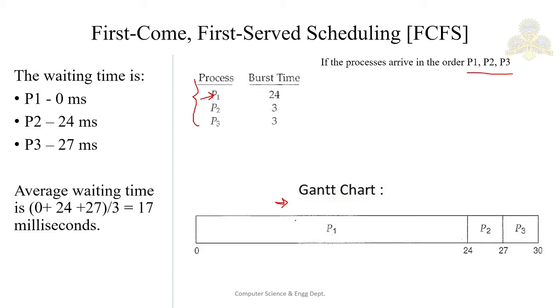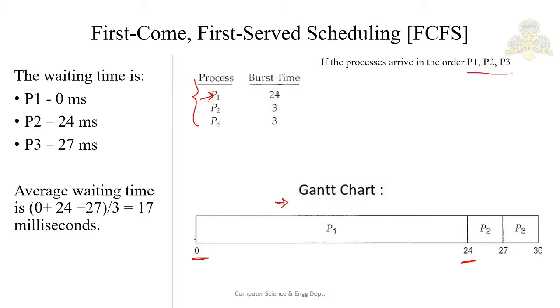Fine. To draw the Gantt chart, just draw a rectangle. Process P1 has entered first, right? So you have to execute that first. From the 0th millisecond till 24 milliseconds, you allocate that for process P1.